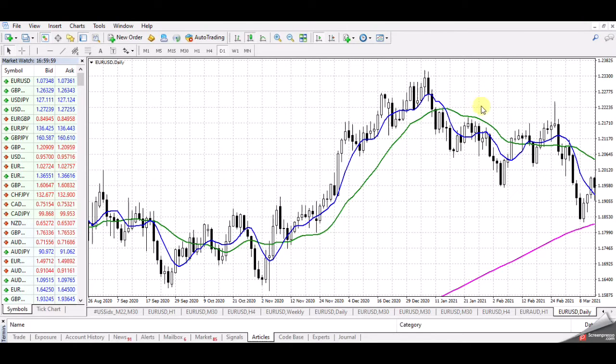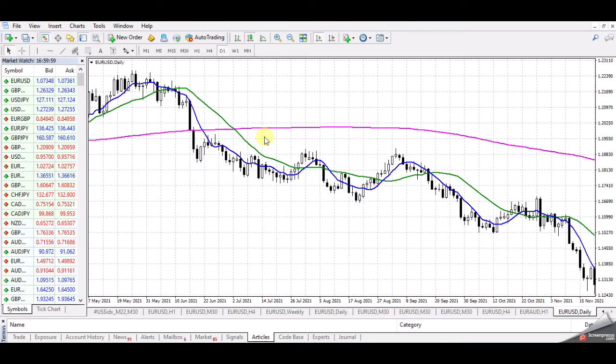It's a bull market. Here, on the contrary, the bear market starts because the 21-period moving average, a fast moving average, crosses at the downside the 200 moving average, a slow moving average. So a fast moving average crosses at the downside a slow moving average.